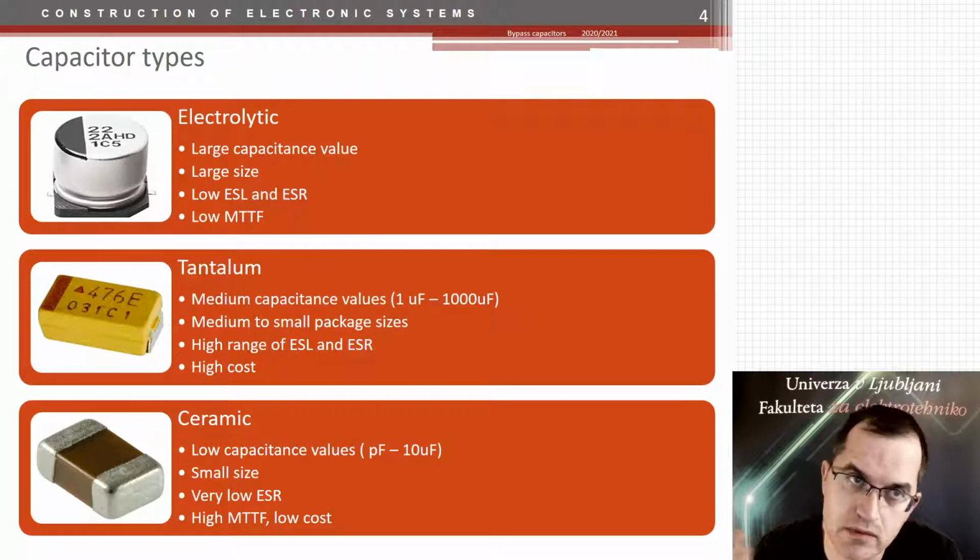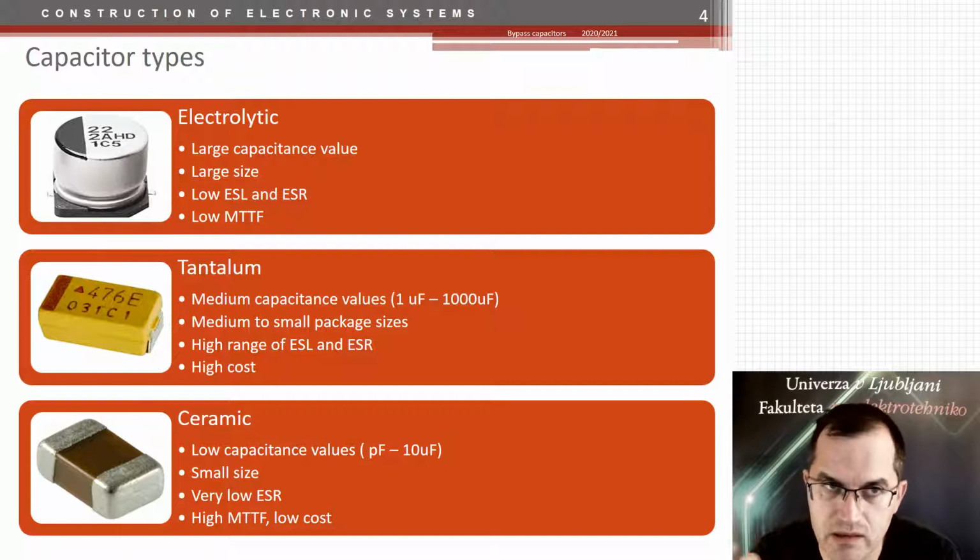I mean, very expensive means still we measure this price in cents, but still they are much more expensive than ceramic capacitors, which are the highest quality, the lowest capacitance values, very small, of course, very low ESR and ESL, and they have long lifetime. They are the best capacitors you can get in this range.